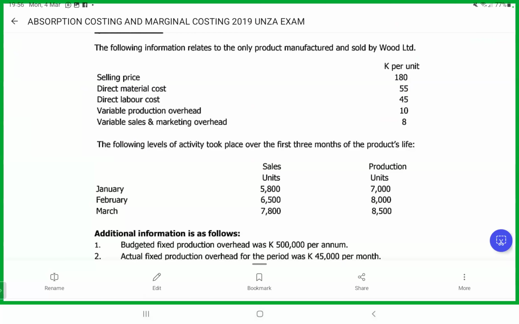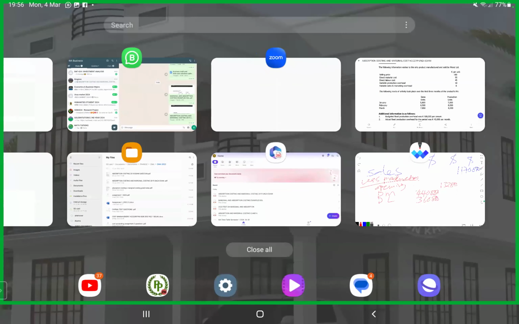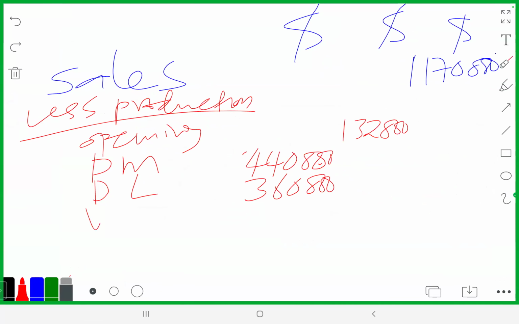Then we can get the variable production overhead. 10 times 8,000 should give us 80,000, isn't it? The variable production overheads give us 80,000. Then we can consolidate all these.